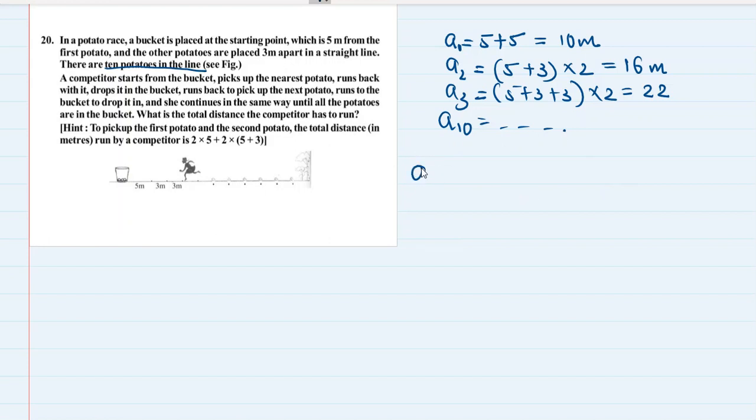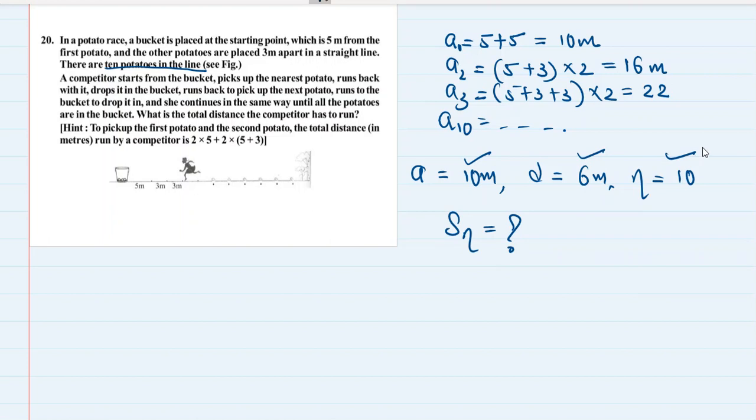Here the first term is 10 meters, the common difference is 6 meters, and n, the total number of potatoes, is 10. We have to find the total distance this competitor has to cover, that is the sum of n terms. For the sum of n terms, you know the formula, and you know the values of a, d and n. You just have to put them in the formula and find the answer.